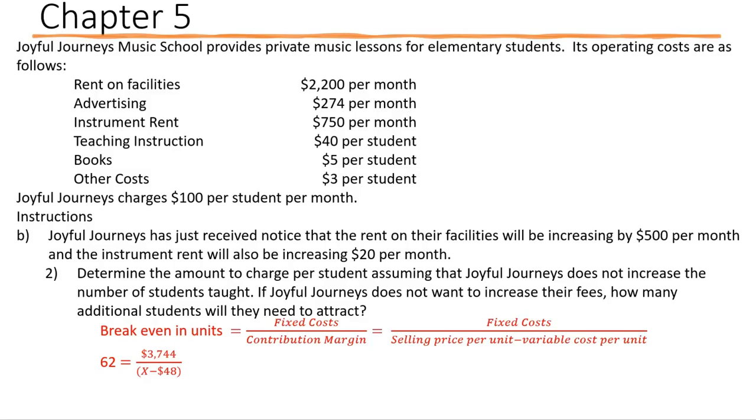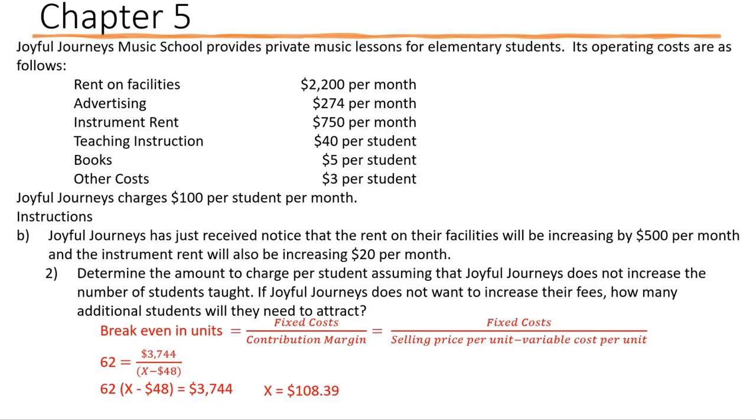Now if we take that equation and break it down, we have 62 times (X minus 48) equals 3,744. If we continue the algebra and solve for X, we get that the price that we need to charge our students is $108.39. So an increase of $8.39.